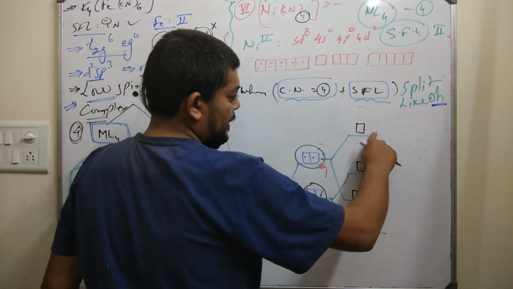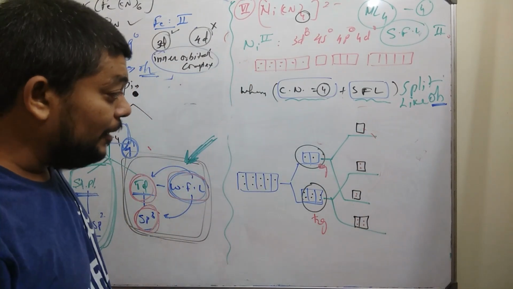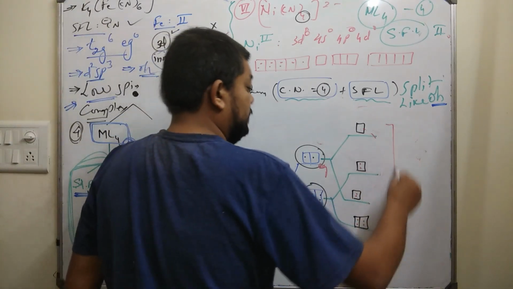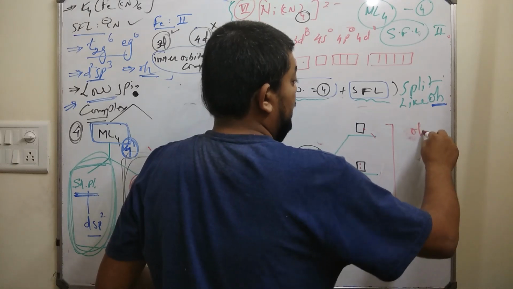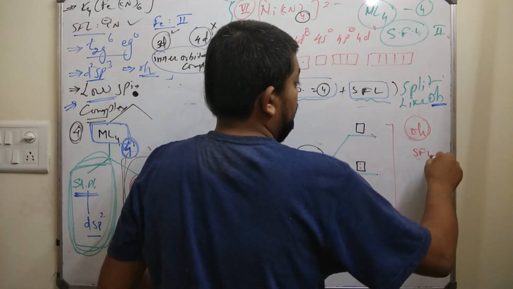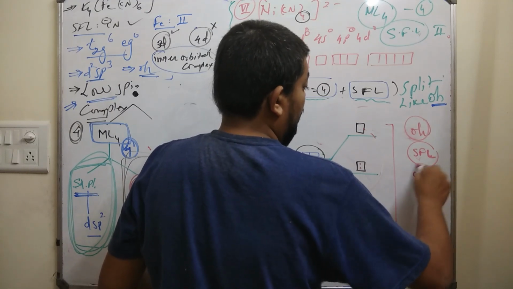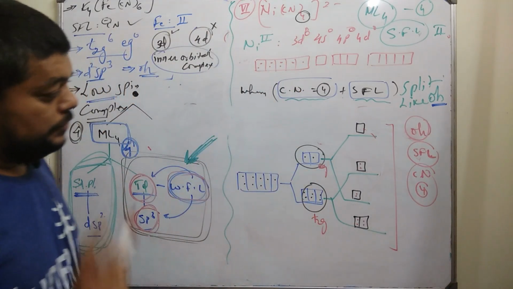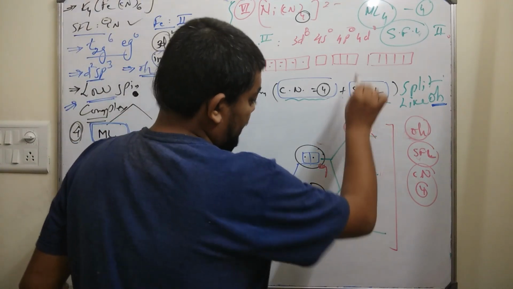So friends, pairing is occurring. Why did pairing occur? Because it was splitting like octahedral, strong field ligand, coordination number 4. And now if you check properly, one complete orbital is empty.